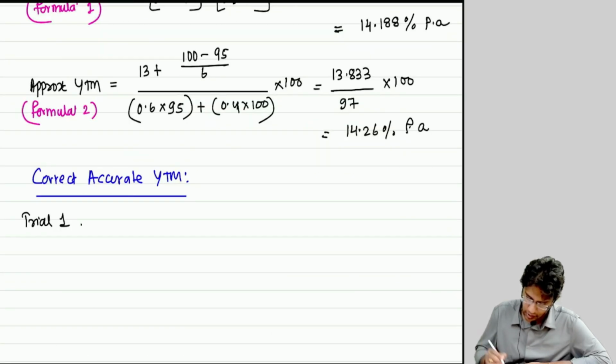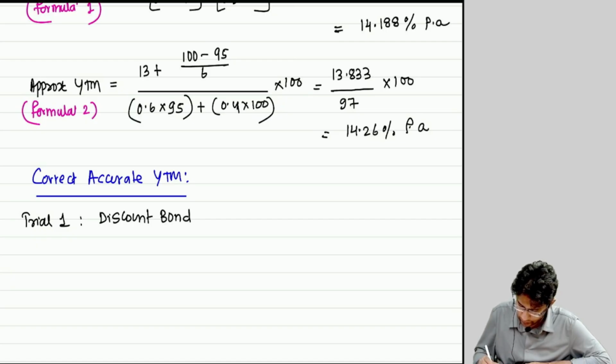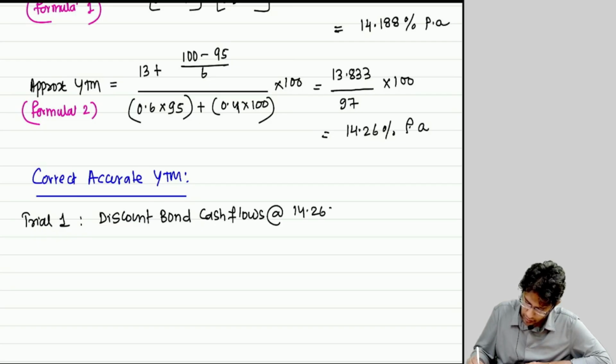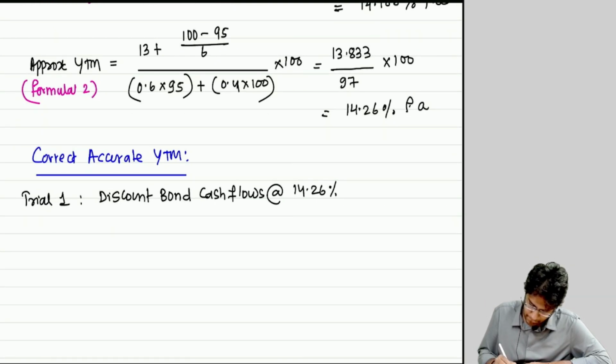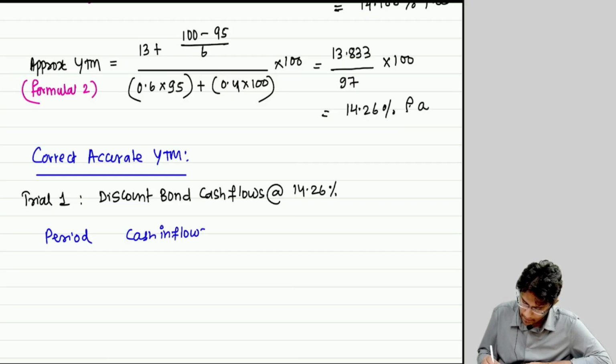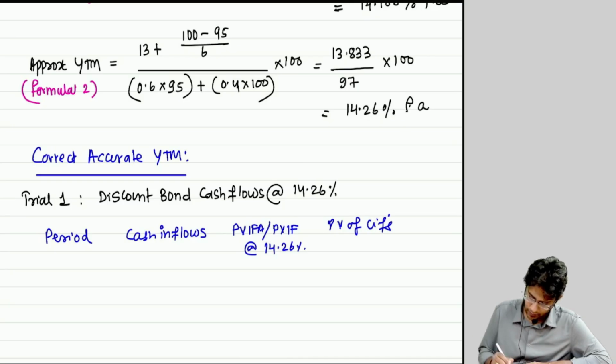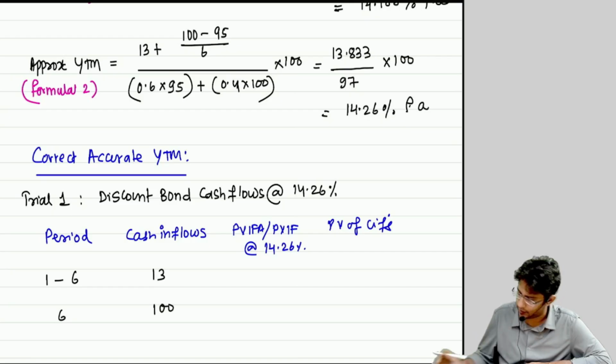Trial 1: discount bond cash flows at the rate of 14.26%. What's the life of the bond given? 6 years. Every year 13 rupees cash flow, last 100 will come.